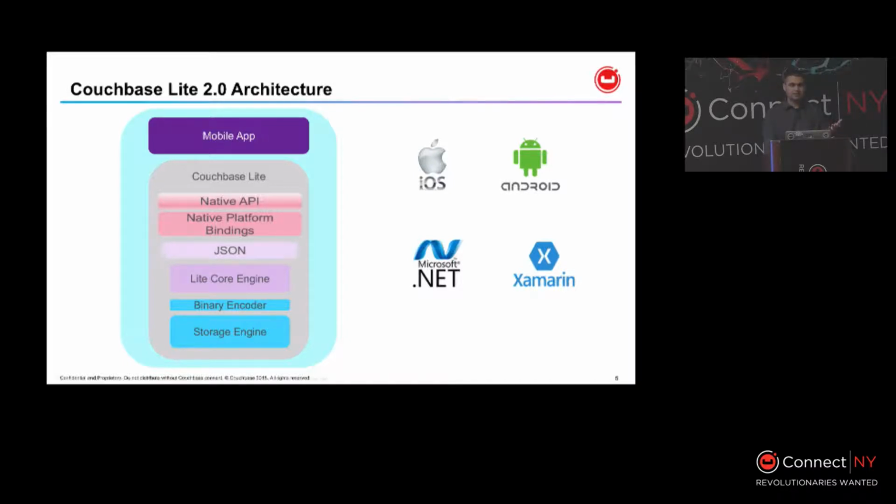There's the data structure; because we are a NoSQL database, the data is all JSON, but there is a common Lite core engine that was implemented in C++ that is common across all of the binaries, which means that anytime you face a problem, most probably the problem exists in all the versions, and every time you fix a problem, that is applicable to all of the versions of that technology.